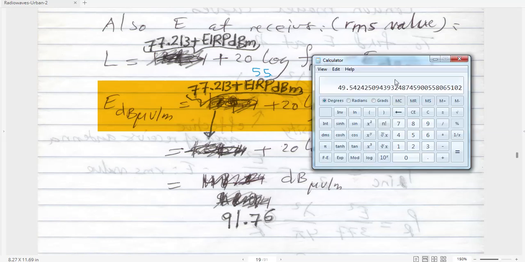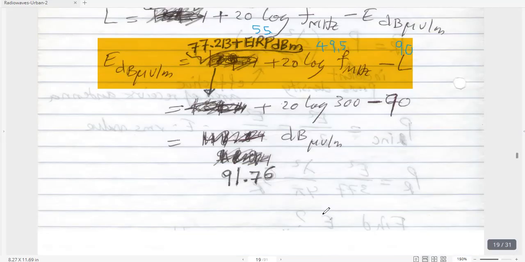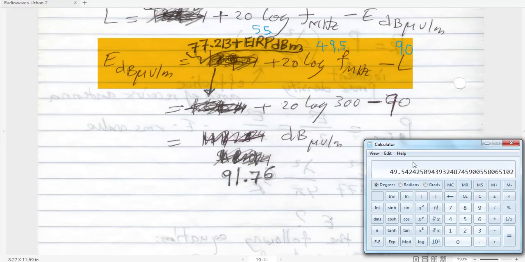To find the value, it is 77.213 plus 55 plus 49.5 minus 90 equal to 91.76, because we put here the approximate value.